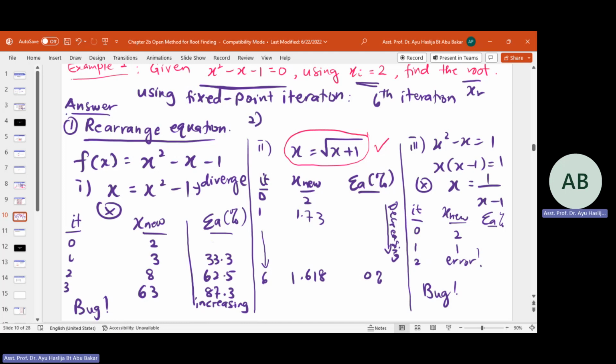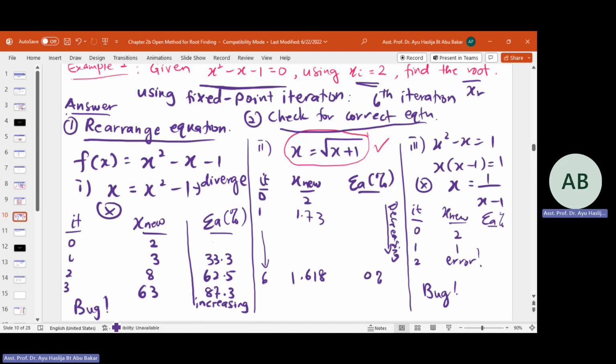Okay, the second step is to check for the correct equation, meaning validate the equation, whether it is converging to the root XR.